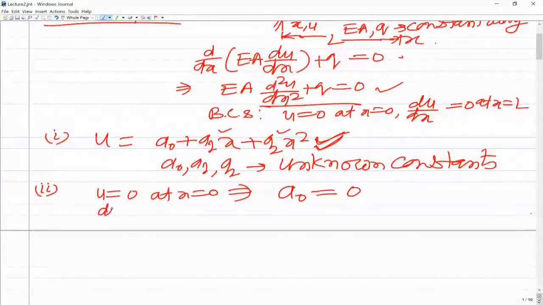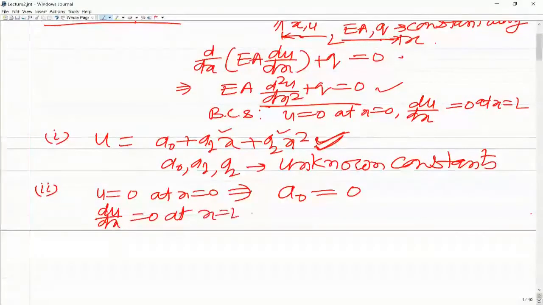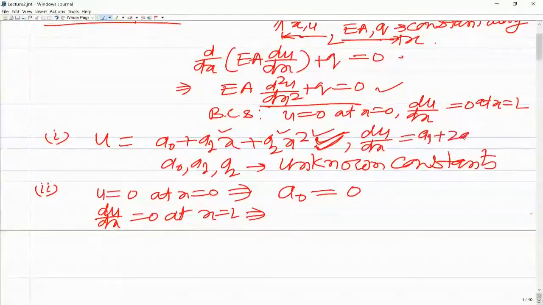The second boundary condition we have is that du by dx equal to 0 at x equal to L. So now we differentiate this expression. du by dx is going to be a1 plus 2a2x.